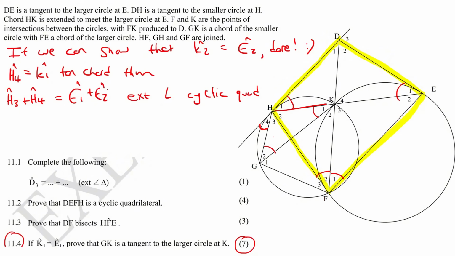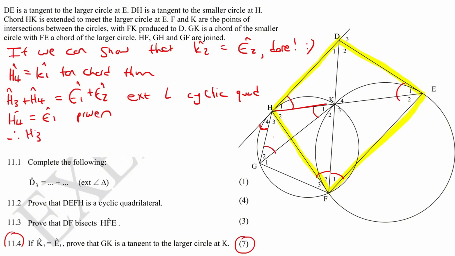Okay? But now we also know that H4 is the same as E1. We can see that. So we can just say H4 is the same as E1, and we've already proven that. So therefore, if H4 and E1 are the same, then it means that H3 must be the same as E2.